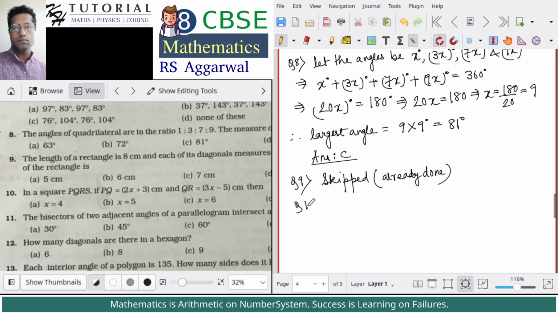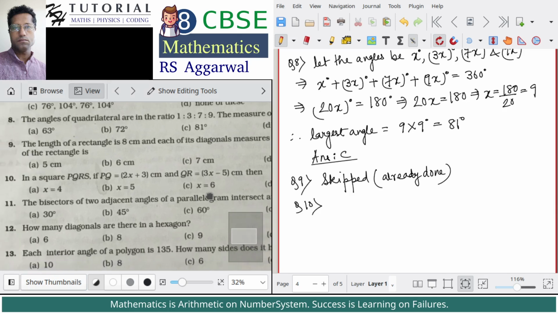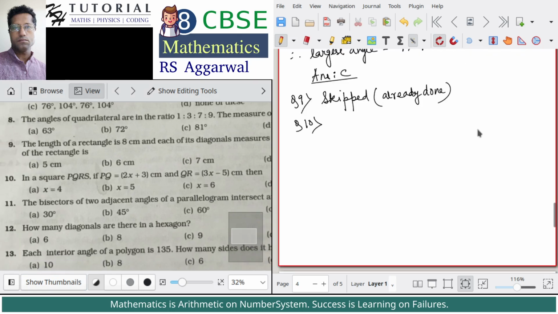Question number 10. In a square PQRS, PQ is equal to 2x plus 3 centimeter and QR is equal to 3x minus 5 centimeter. Then we have to find the value of x. Okay. So we are given a square. The square is given as PQRS.